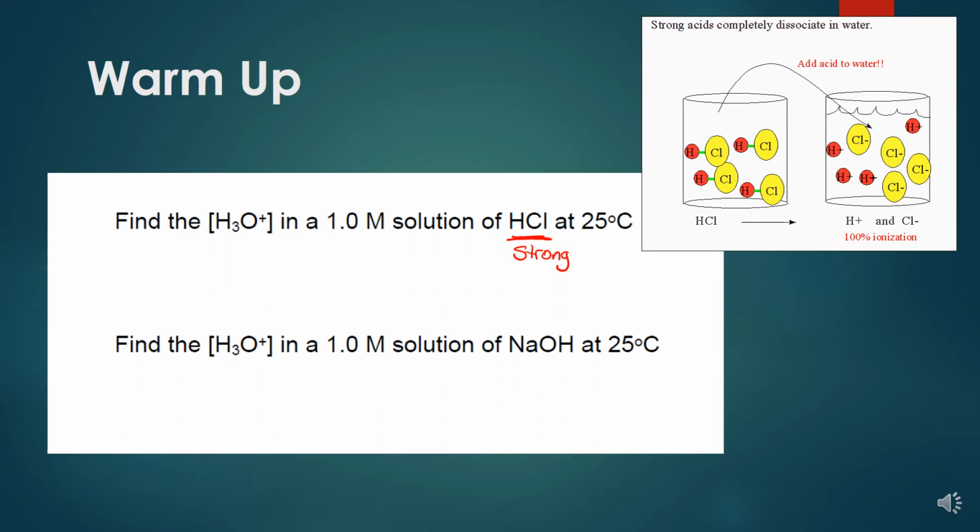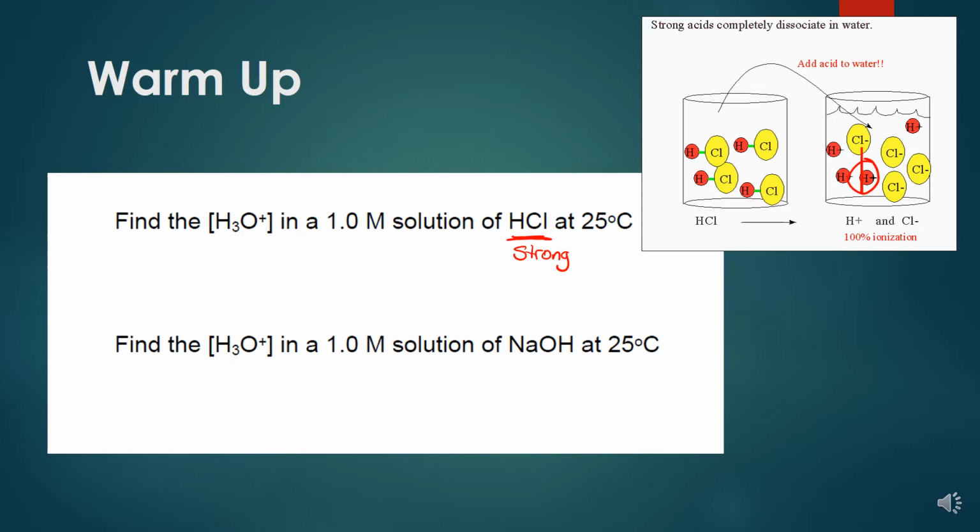And because it's a strong acid, it behaves differently than, say, a weak acid. Strong acids dissociate 100% in water. So they actually have a hydrogen that splits off. That hydrogen ion will form hydronium with water, but we get 100% ionization.